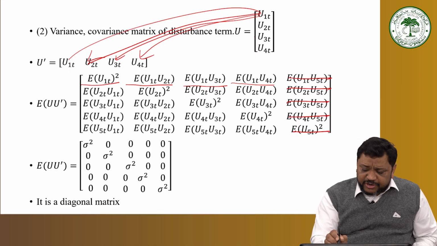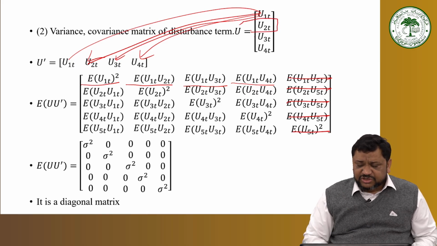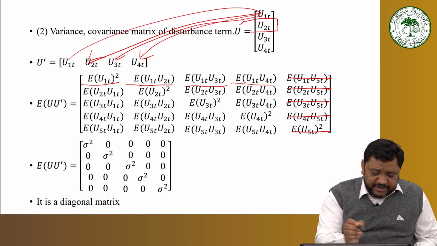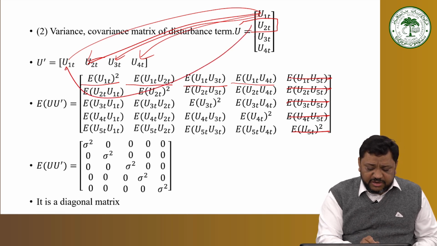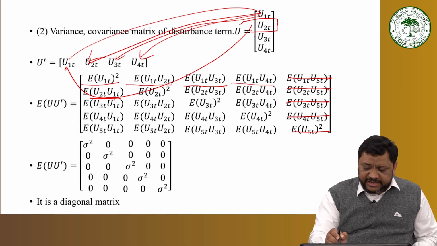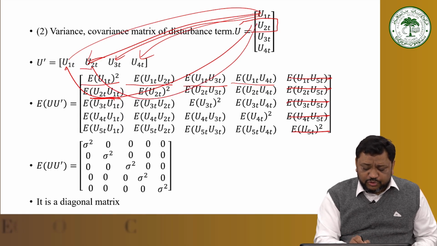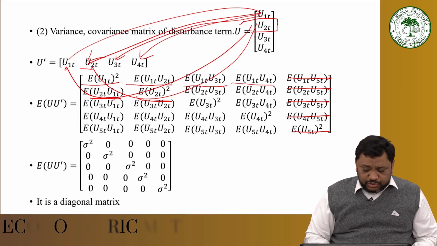Next we multiply U2t of the original matrix with U1t of the transpose, and we get U2t, U1t. Then U2t multiplied with U2t gives U2t square.